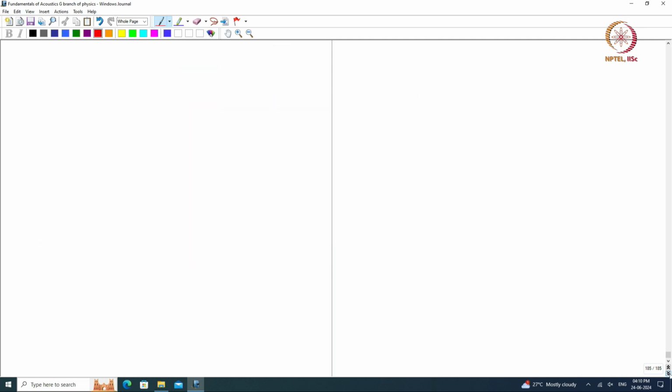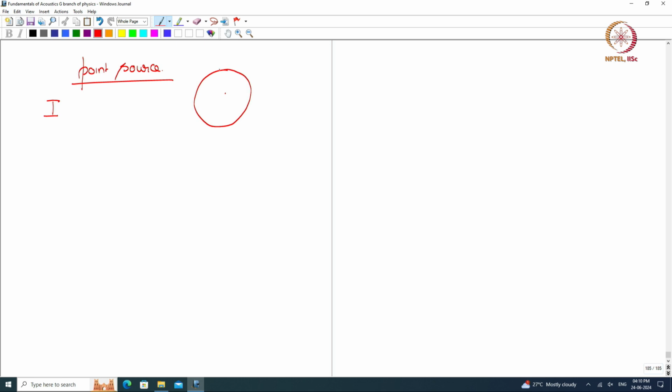Next, suppose we have a point source, and it radiates sound uniformly.